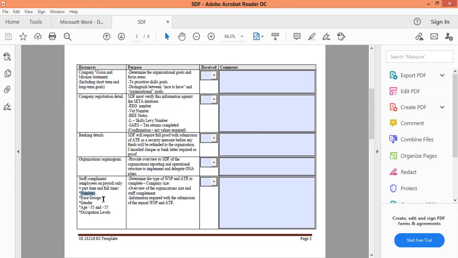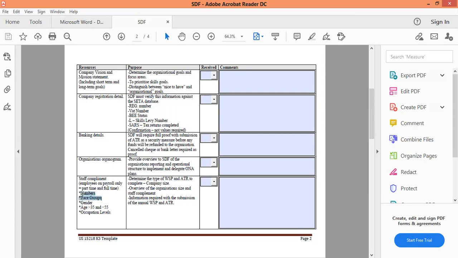Now, remember, when we go to employment equity, employment equity is not only about race, it's also about gender. So if we see that we don't have enough females in the company, then when we're going to select some people for training, we give females preference over the males, because we have a shortage of senior females in our company.